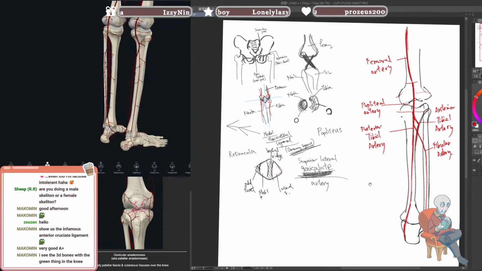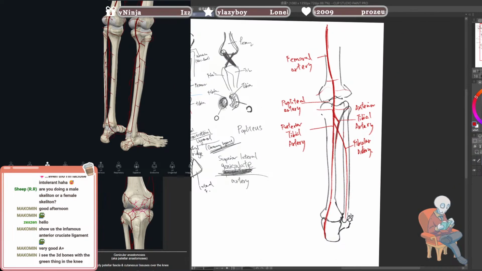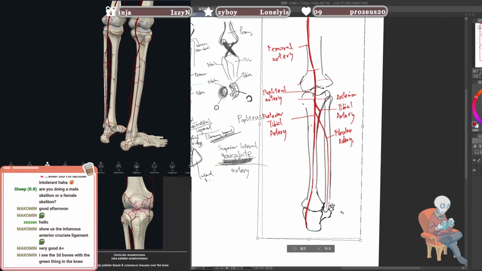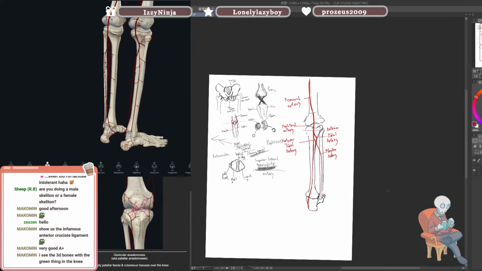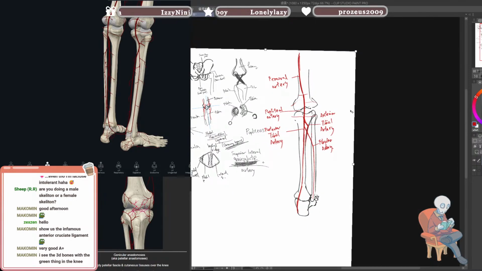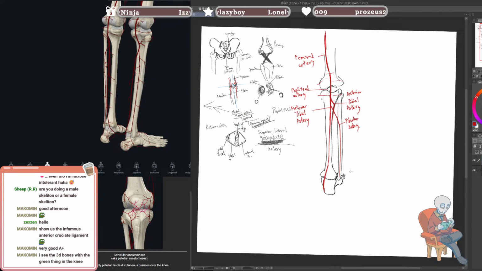Okay, so at the front of the knee, I need to move this to the side. Okay. And I want to enlarge the canvas. There.